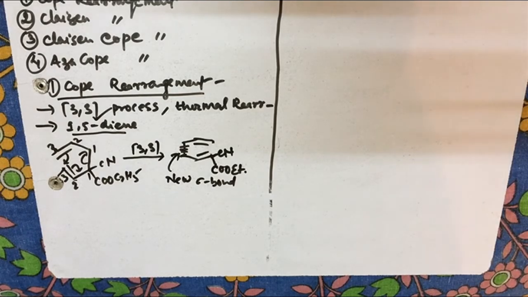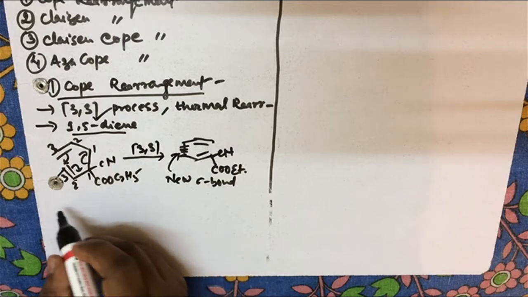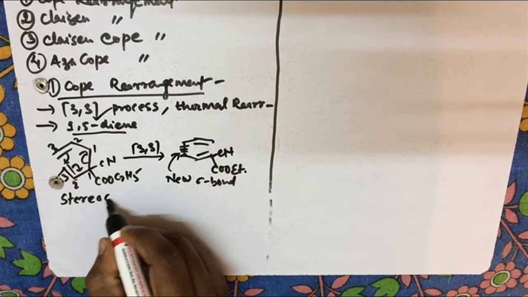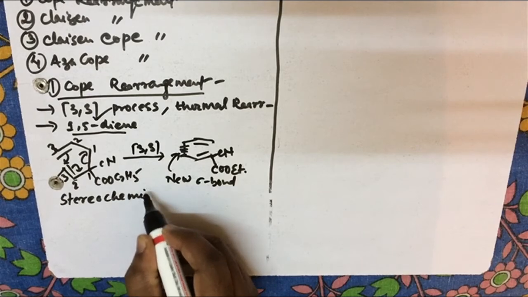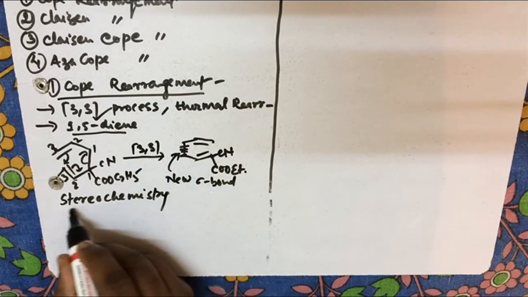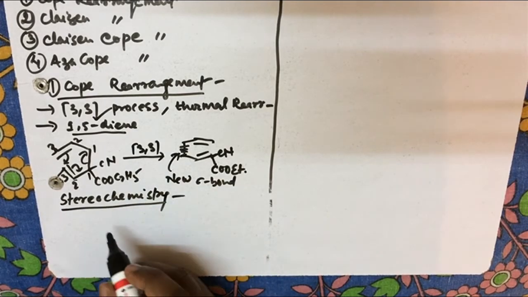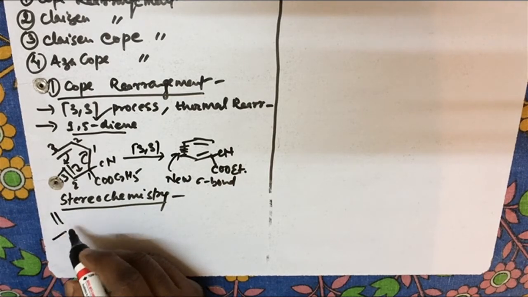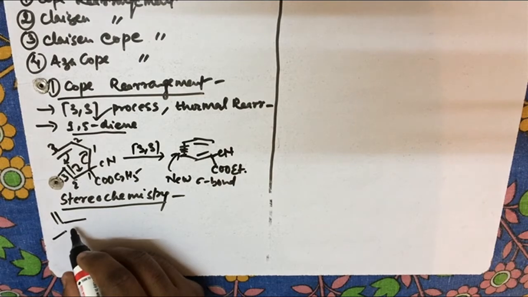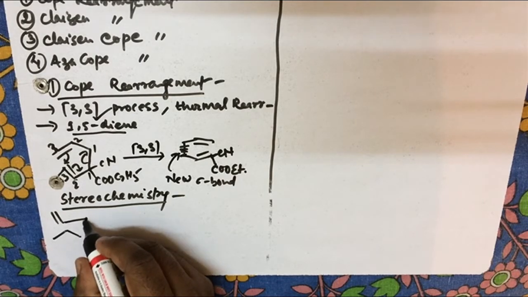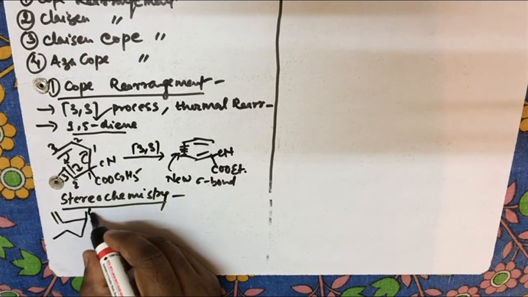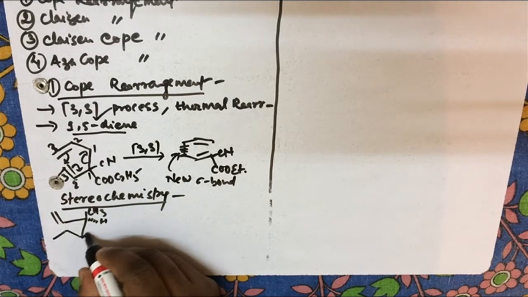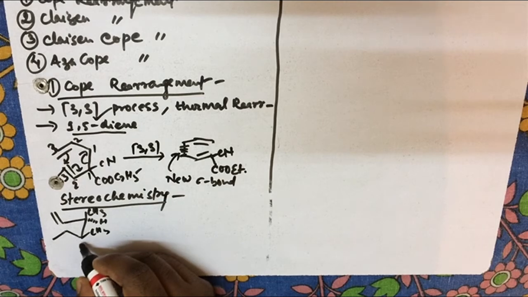If you see the stereochemistry, it basically undergoes the chair form. Here the methyl group, here hydrogen, here methyl group, here hydrogen.